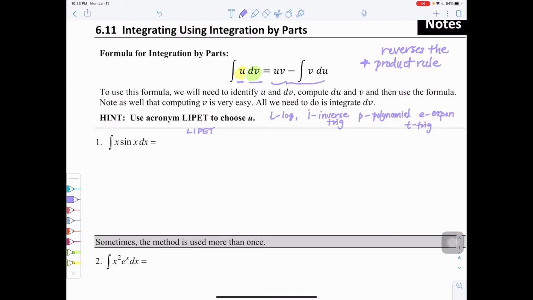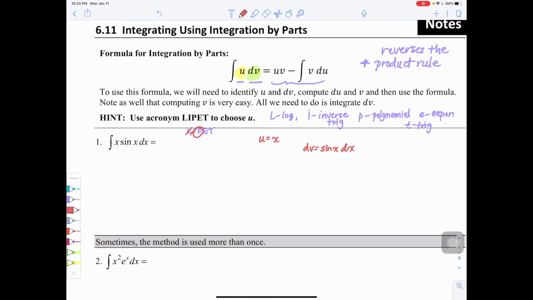So do we have in this integral a logarithm? No. Do we have an inverse trig function? No. We have a polynomial. So what we're going to do is let u be x and dv be everything else, which is the sine of x dx.